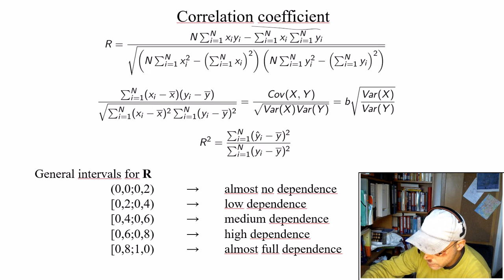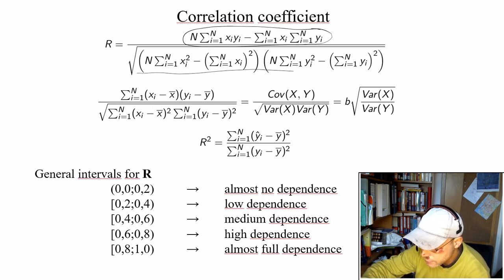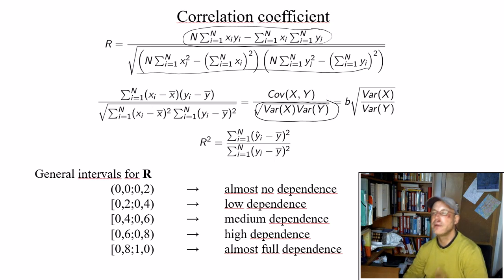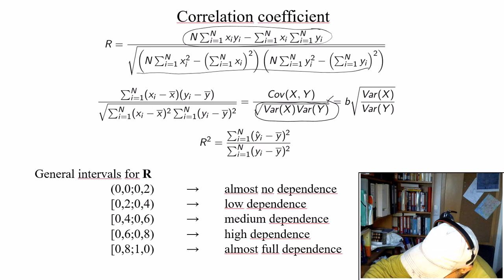So here we have more or less the covariance, and this is normalized by dividing by the square root of variance x times variance y. So this is the normalization.